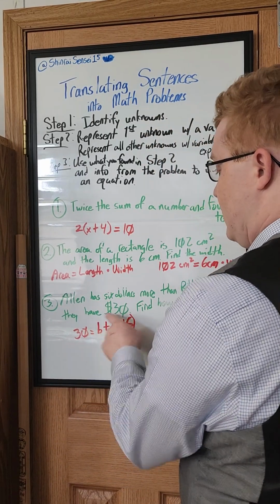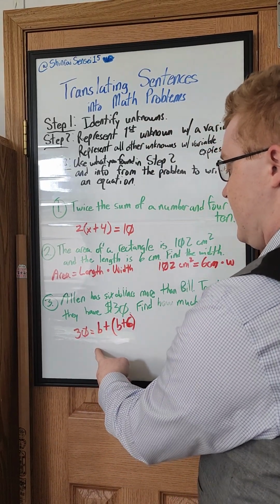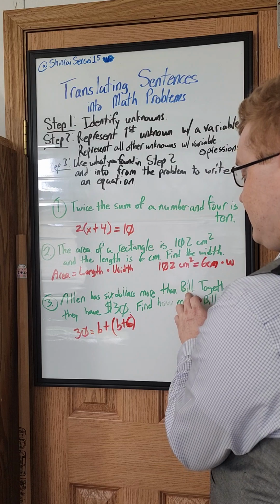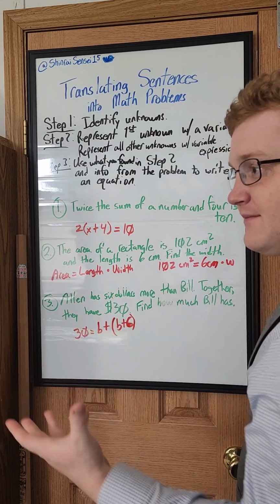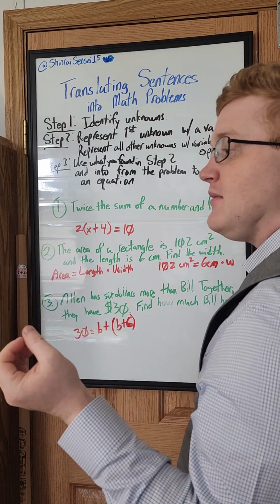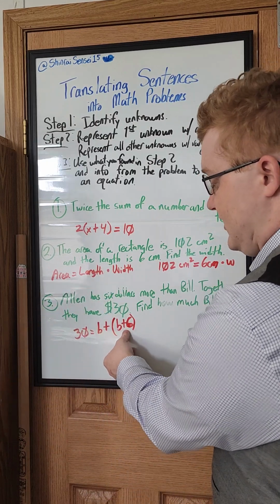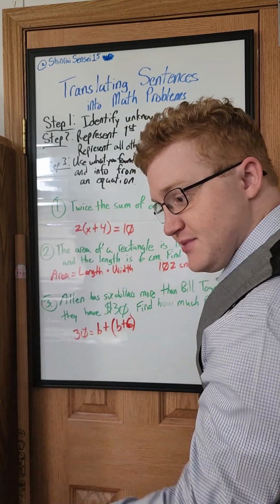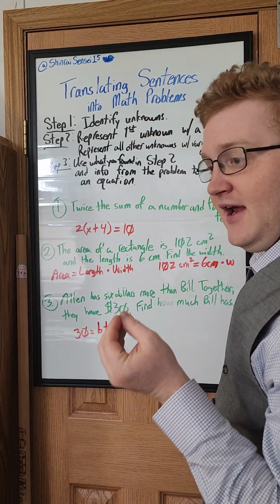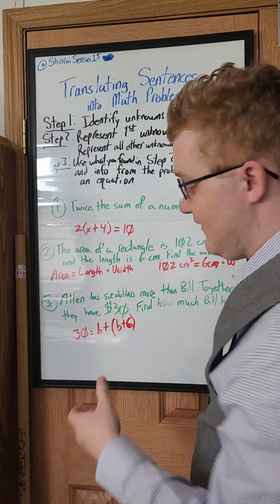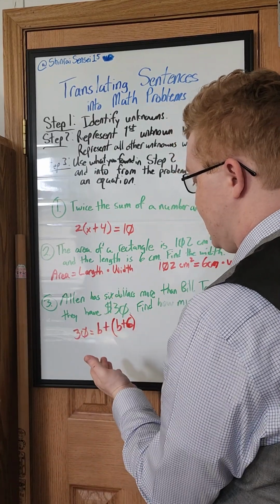So $30 we know is equal to, in this case, Bill has less money, so it's easier to add value and less. The problem looks less complicated when you have an addition sign. Okay, from a psychological perspective, an addition sign looks less complicated and, well, less negative than a subtraction sign would be here.